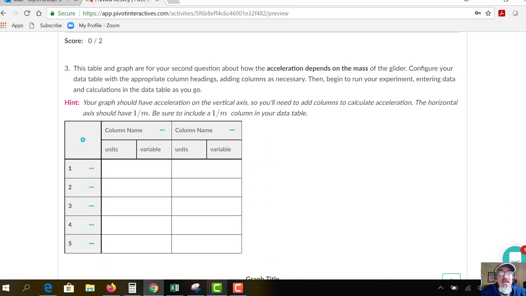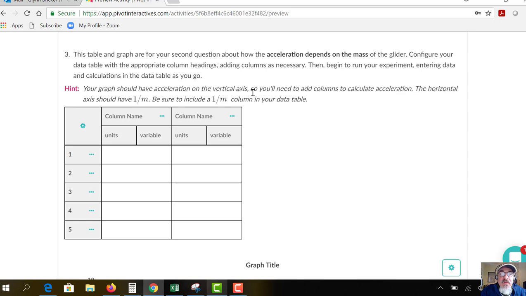Okay. And then this table and graph are for the second question. How does acceleration depend on mass? So in this one, again, I don't want to say too much. You want to keep the force the same and see what happens for different masses and that sort of thing.